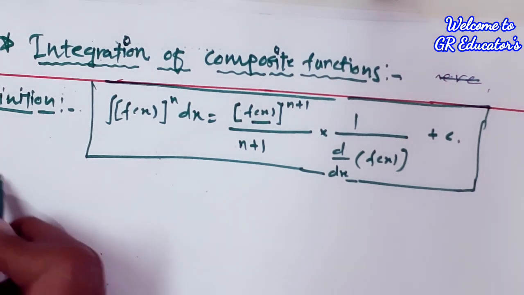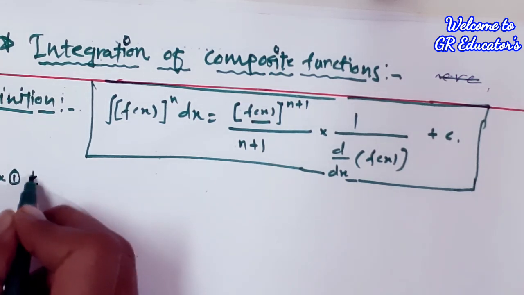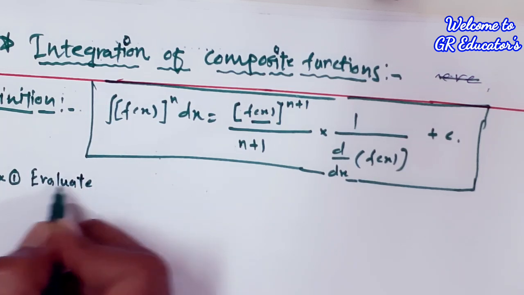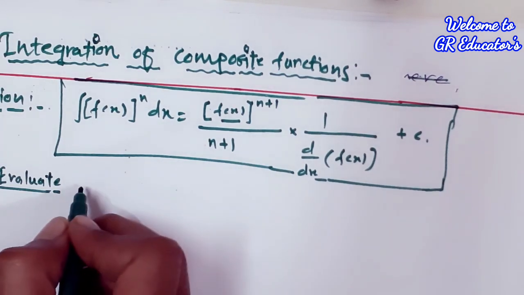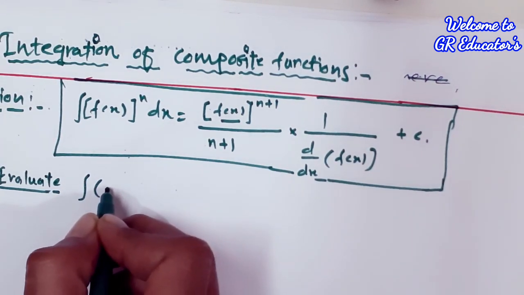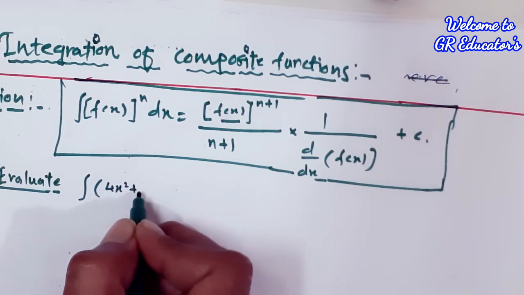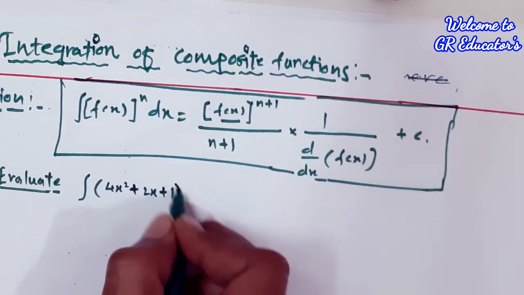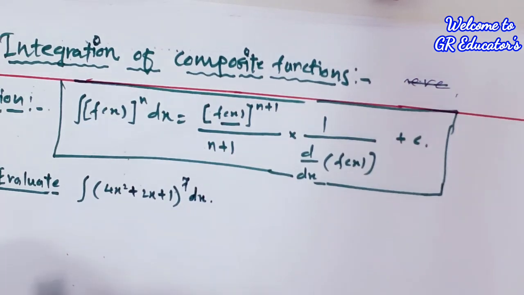So first example, a very small example. Evaluate, to understand all these things, the integration of one polynomial, suppose 4x square plus 2x plus 1 raised to power 7 dx.